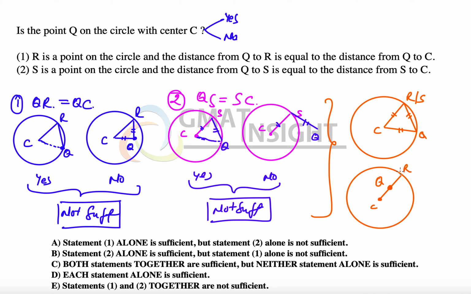QR is equal to QC, and QS should be equal to SC. So I am choosing another point S right here, such that QS is equal to SC. We have been able to choose a point Q which is exactly the midpoint of RC, and we have chosen another point S here, and the Q point is not on the circumference, so we still have the answer to the question as either yes or no.